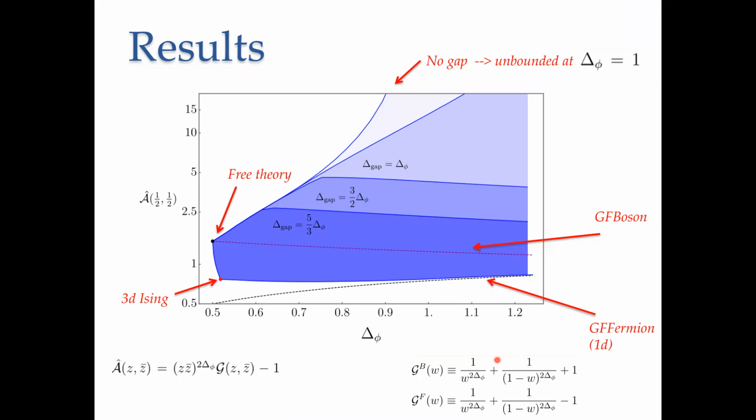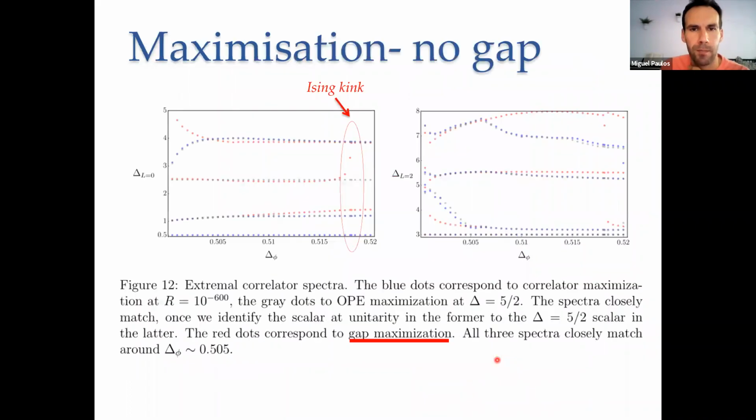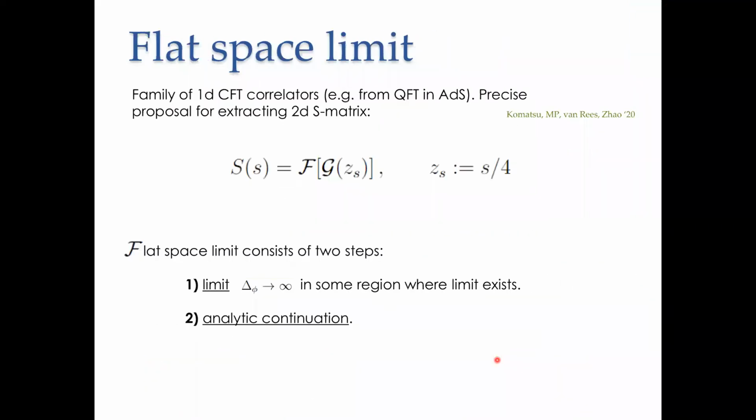So if I understood it, you had a prescription for going from a 1D CFT to a 2D S matrix. Is that right, basically? Yes, that's right. So is there any way of reversing this process, perhaps from a known 2D S matrix to get a corresponding 1D CFT?